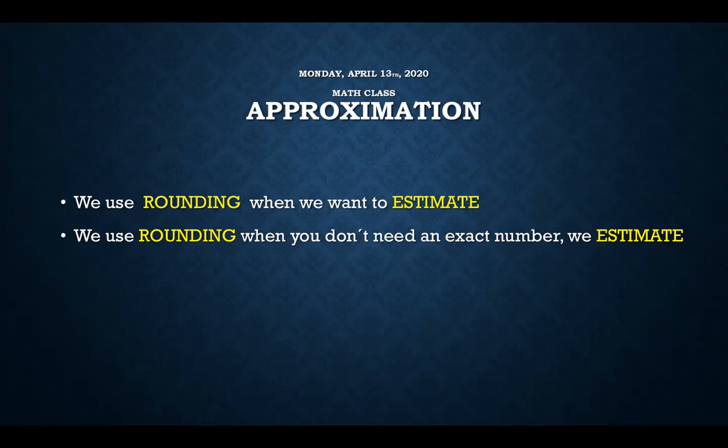For example, I can ask how many pages my blog has, and maybe I can say 50 or 40 pages. We don't know. It's not an exact number. We use rounding when you don't need an exact number. In that case, we call this estimation. We estimate, okay. I'm going to give you some time so you can copy this.